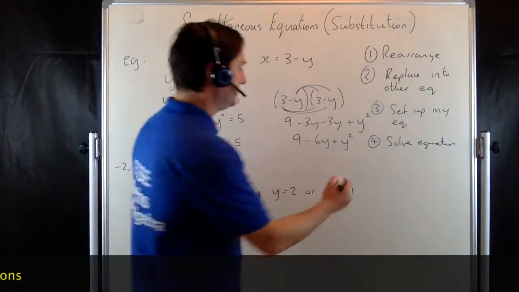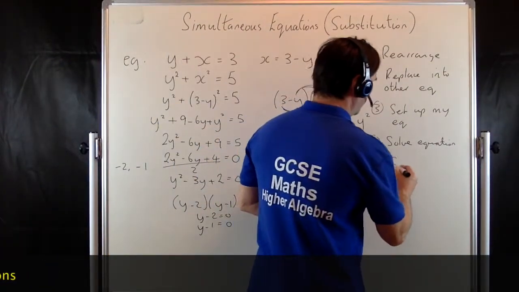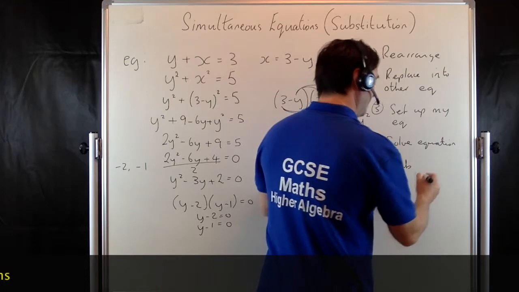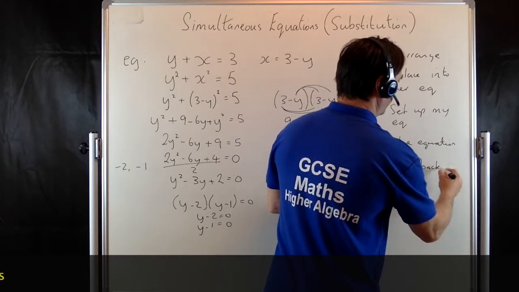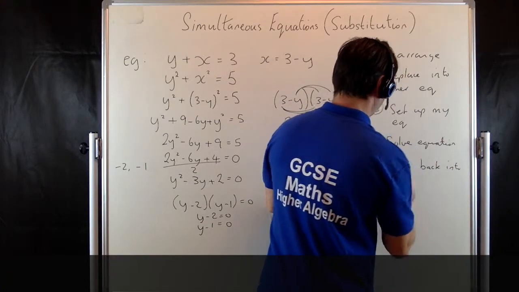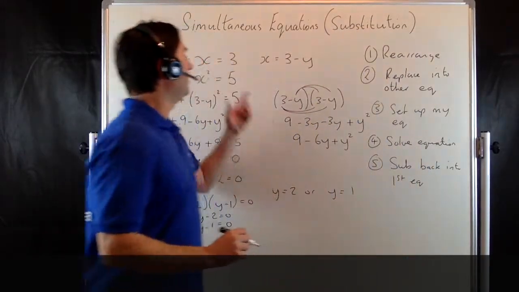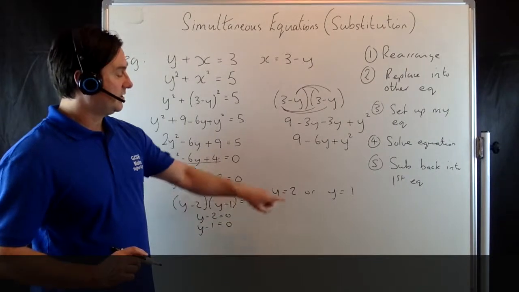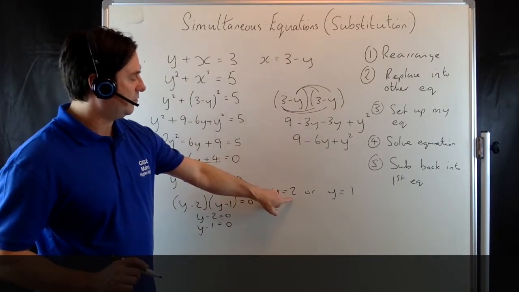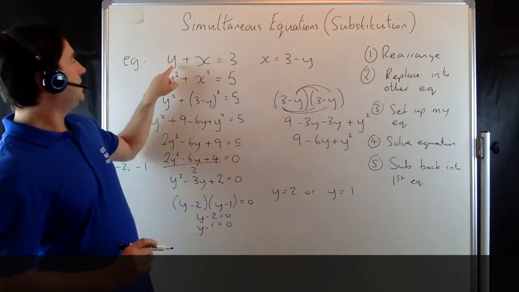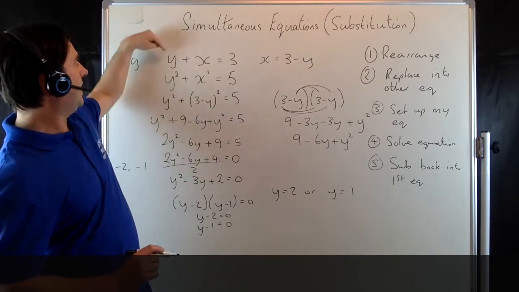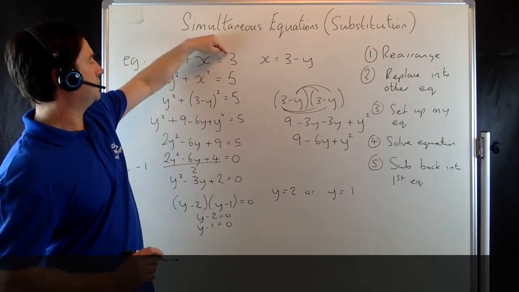All I now need to do is sub back into the first equation and solve for x. So here, if we put y equals 2 into this equation here, I'm going to have 2 plus x equals 3.